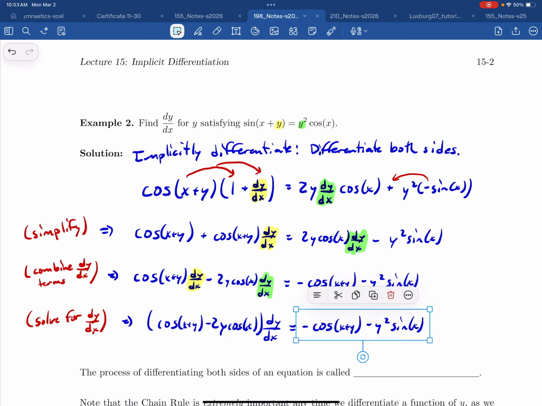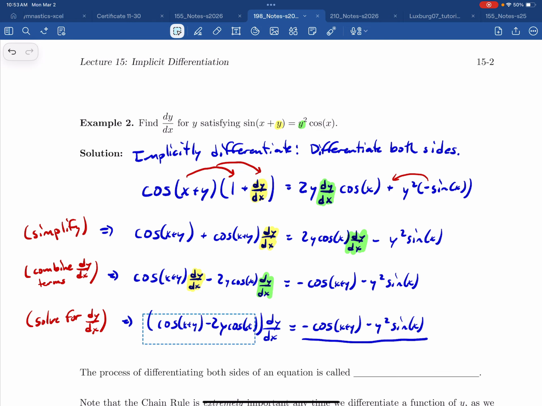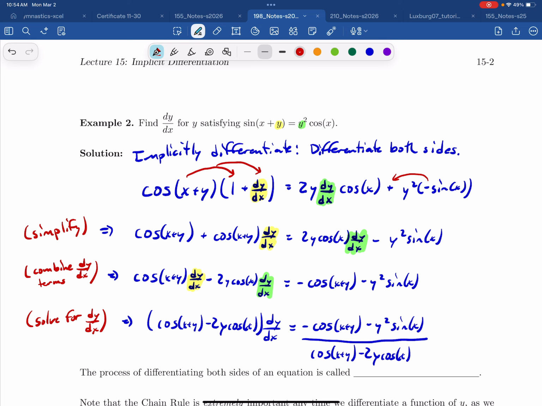Right there. And then we just divide by the left-hand side, the non dy over dx part. Right, so like right here. Okay? And so, right, once we divide out by something, we just cross it out. Right? And so it goes away. And that's our solution. That's our answer. Dy over dx equals this complicated nonsense.